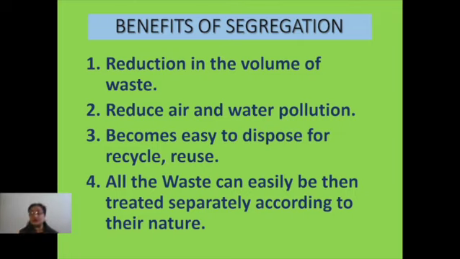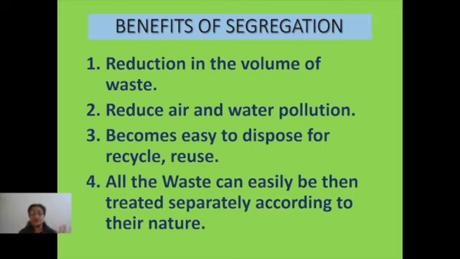Again, a few things can be recycled, so that has been taken out from the entire waste. Again, some waste belongs to the biodegradable type, so that has been taken out to form compost and get manure out of it. So again, a reduction is there in the waste. Ultimately, a big benefit of segregation at the initial level is that it helps in reducing the total volume of waste.